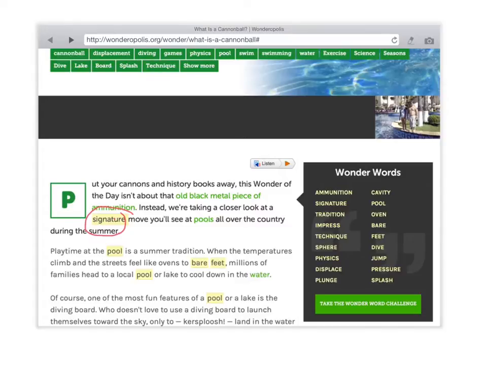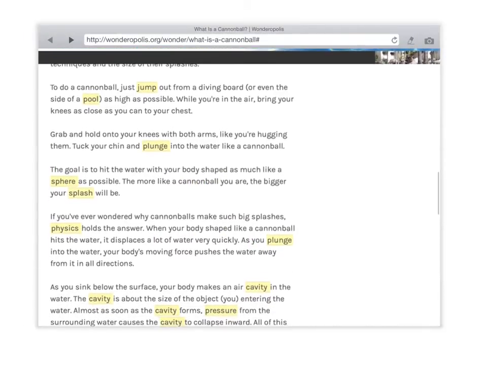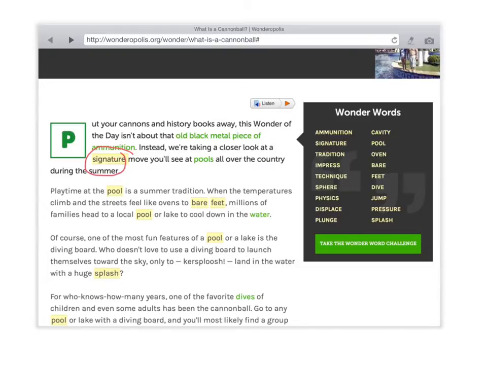So if I go back and reread, instead we're taking a closer look at a signature move, so it looks like it must be some kind of special move that people do at the pool. So that's a new meaning for signature for me.